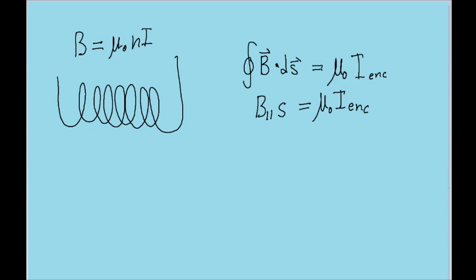So if we want to use Ampere's law on this problem, let's first choose a spot to draw a loop. I'm going to draw a rectangular loop like this right here, because here it's in a position where the current from the wire is flowing directly through it, and the loop itself is parallel to the direction of the B field.